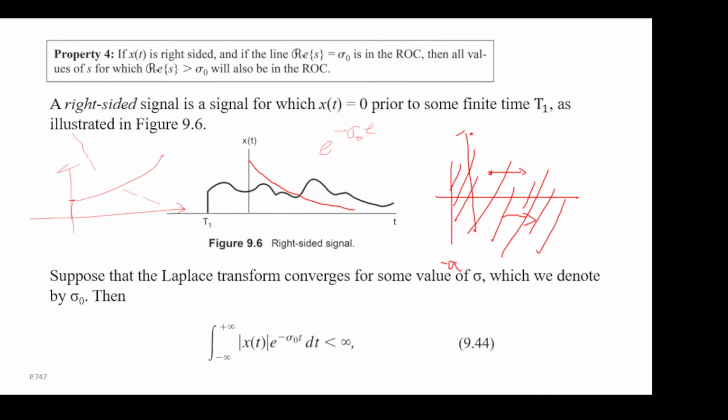Then you are multiplying with an even stronger decaying exponential, then it should also be converged. Okay? People buying this? And that's why we have this condition here. So for every sigma 0, if it's converging, then for some sigma 1 bigger than sigma 0, it should also be converging. Okay?